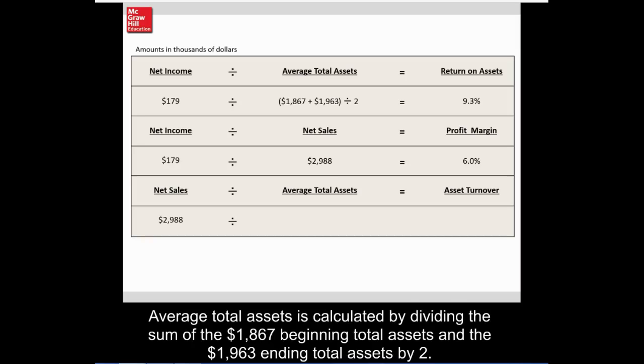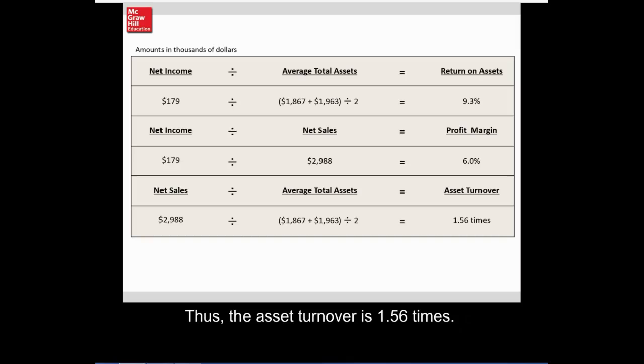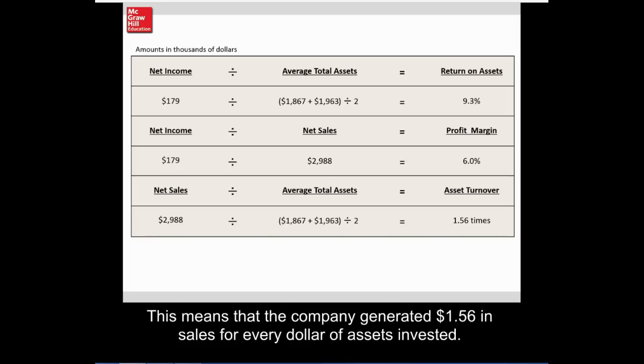Average total assets is calculated by dividing the sum of the $1,867 beginning total assets and the $1,963 ending total assets by 2. Thus, the asset turnover is 1.56 times. This means that the company generated $1.56 in sales for every dollar of assets invested.